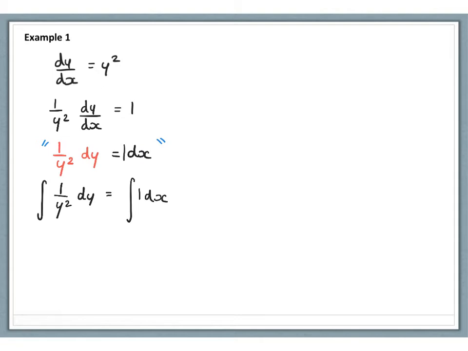The real mathematics would take place here, where I integrate both sides with respect to x. So if I write down the integral of 1 over y squared dy by dx with respect to x is equal to the integral of 1 with respect to x. This is the true mathematics that is happening on both sides.